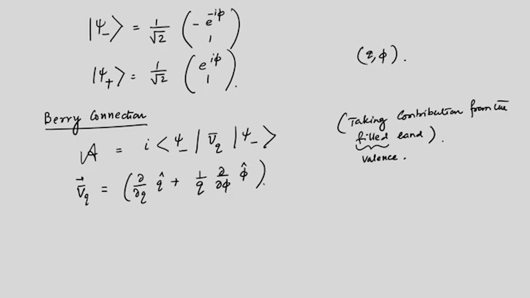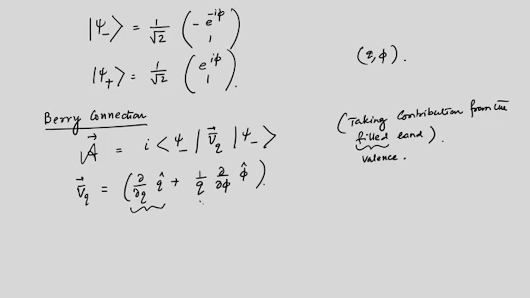Remember that in that sense this is actually a vector quantity, and we should write it with a vector. So, del q is also a vector operator. Now, you see that psi minus, or psi plus, we are essentially interested in psi minus, does not depend upon q, it only depends upon phi. Thus, this term will not be there.